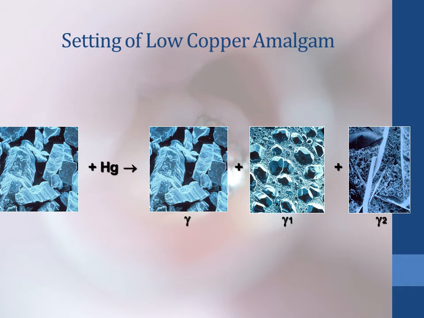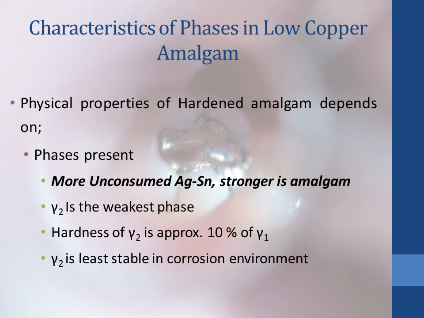This is basically a pictorial representation. Alloy reacts with mercury. You get three phases: gamma, gamma 1, and gamma 2. Now let's talk about the characteristics, or properties, of the phases formed in low copper amalgam. The more the unconsumed or unreacted silver tin, the stronger the amalgam.